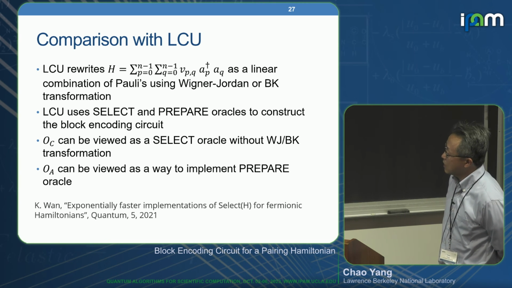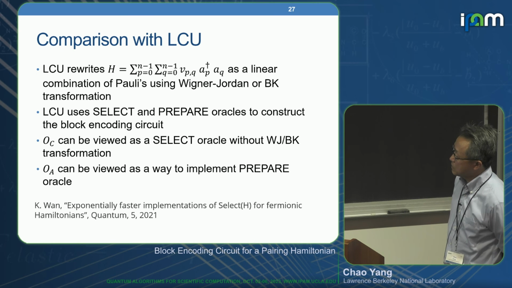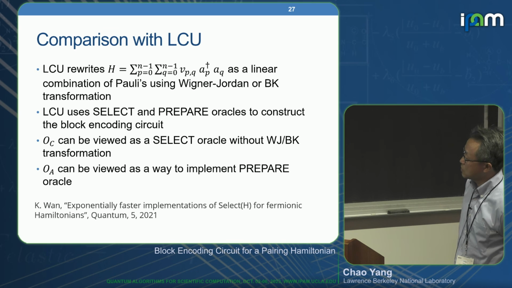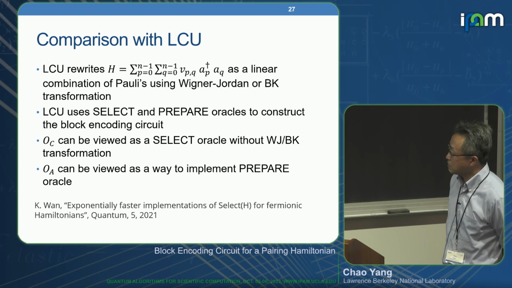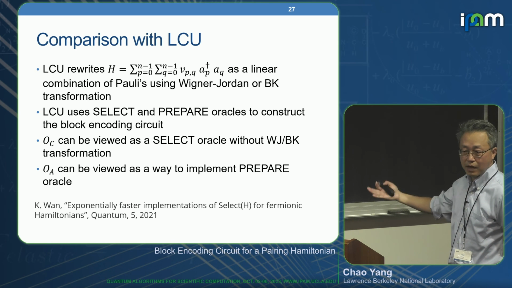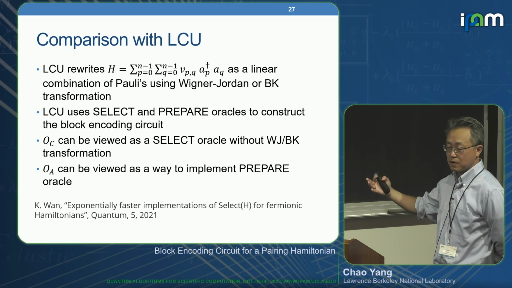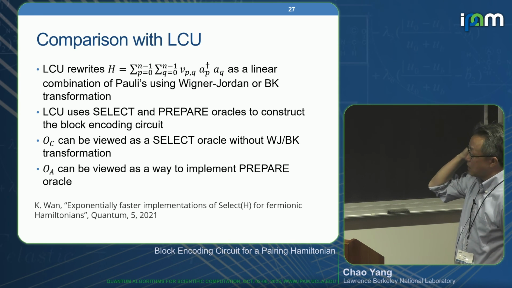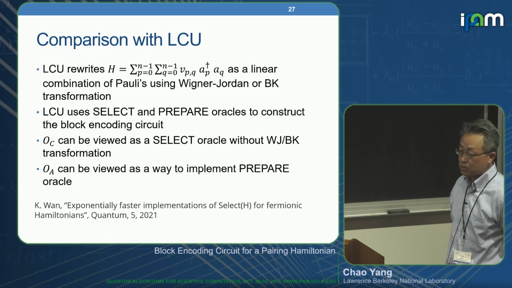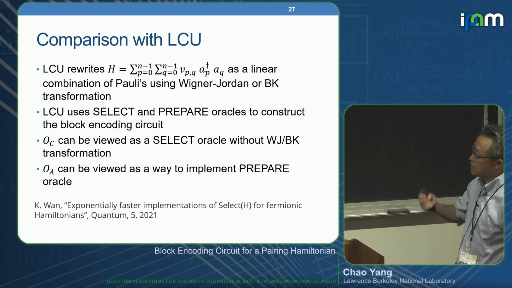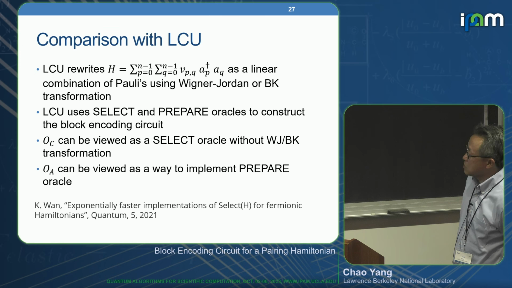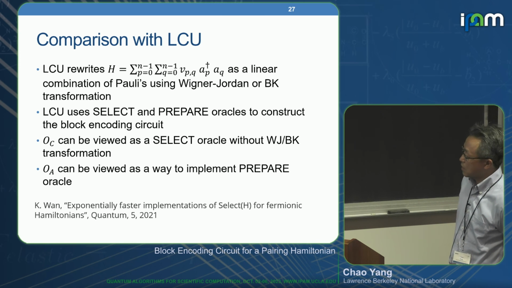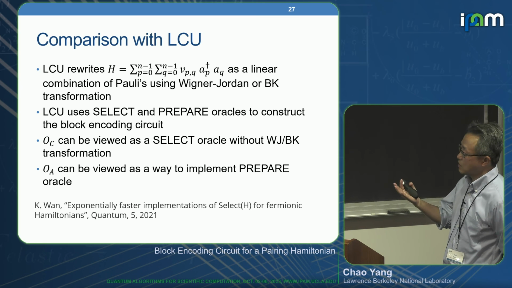LCU writes this Hamiltonian as a linear combination of Paulis using the Jordan-Wigner or Bravyi-Kitaev transformation, and we don't have to go through that. There might be some advantage to doing that. So maybe, in the bosonic case where these transformations are difficult to do, you can still use this technique.